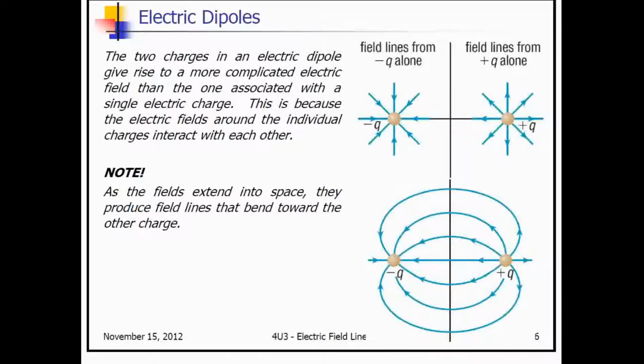What would happen is the lines would bend in the way that's shown in that second image.